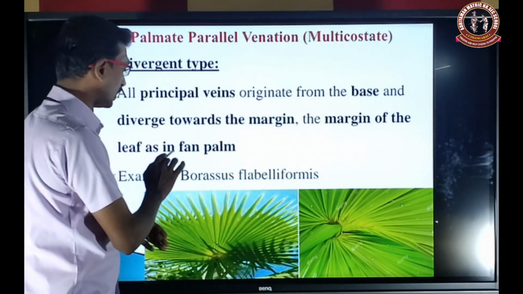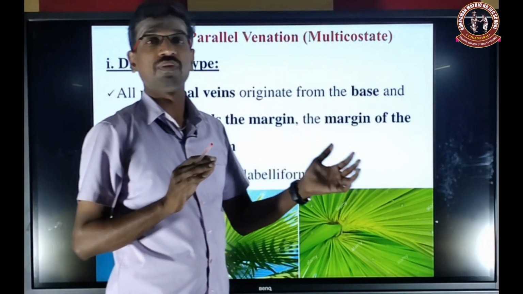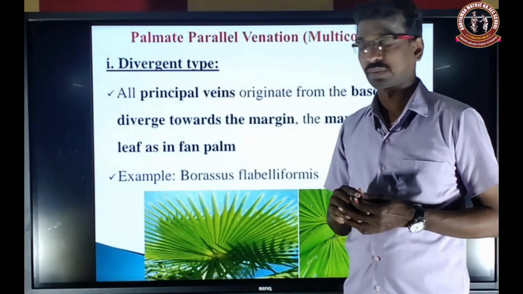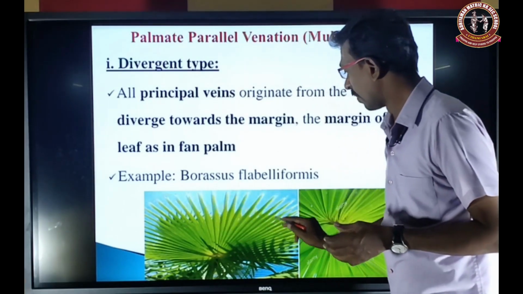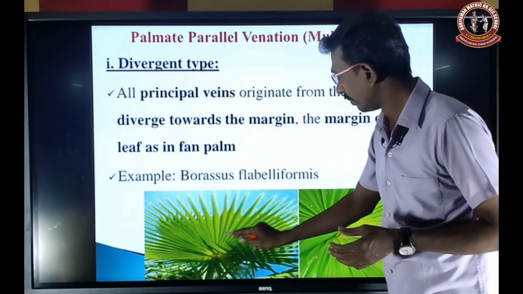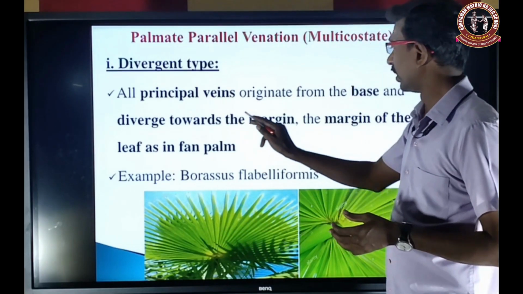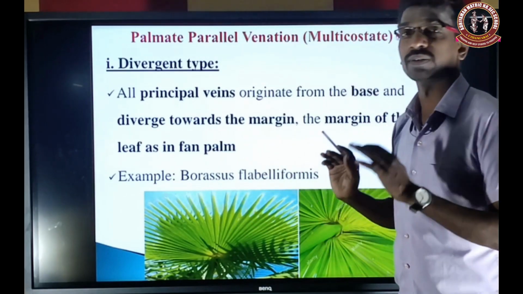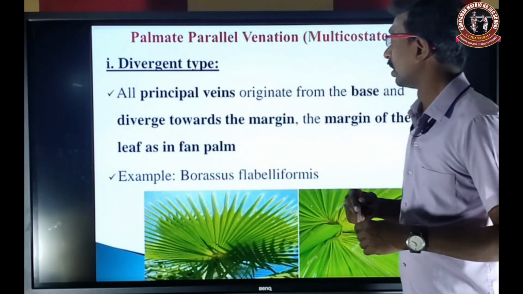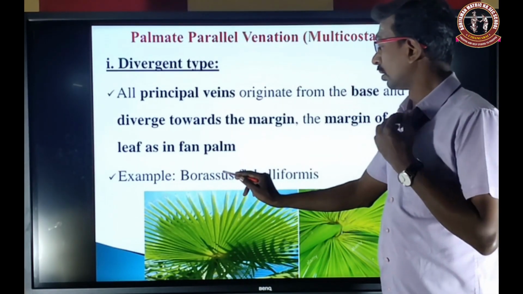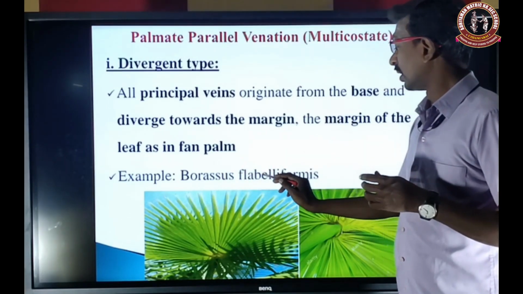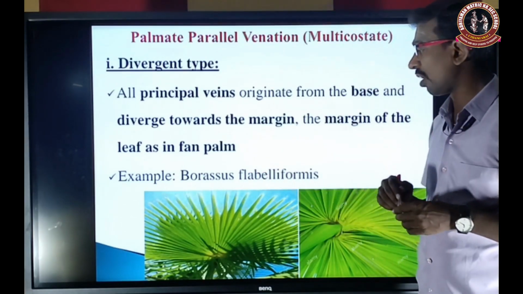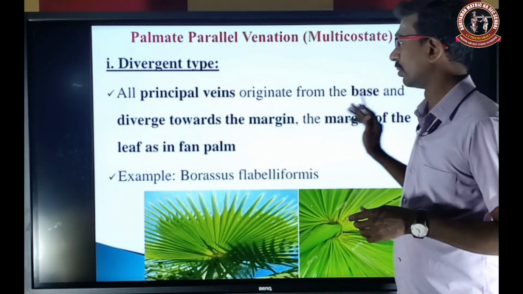The margin of the leaf has a fan-like form. So from a common point many veins arise and move towards the margin of the leaf, and it looks like a fan. Example, Borassus flabellifer.